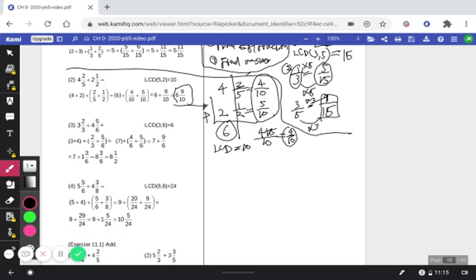Now we are going to do number 3. So number 3 is 3 and 2/3 added with 4 and 5/6.